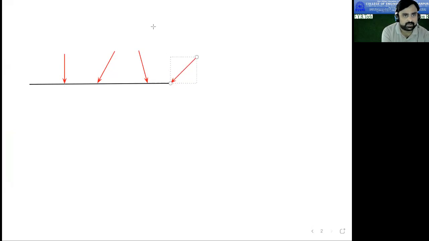Now showing the reactions: here RB, here VA, and the other reaction HA at point A. This is the horizontal reaction at point A, vertical reaction at point A, this is RB, the load of 50 Newton, the load of 20 Newton, the load of 30 Newton, and this is 80 Newton.